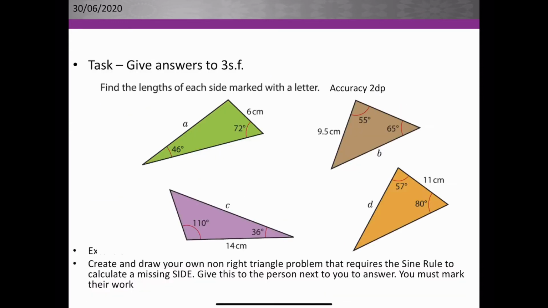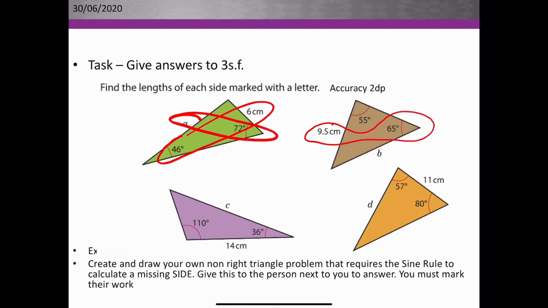Pause the video and try these questions. Again, you're looking for the pairs. For the question at the bottom, I've not got a corresponding angle, but you know that in a triangle you've got 180 degrees, so you can use that to work it out.